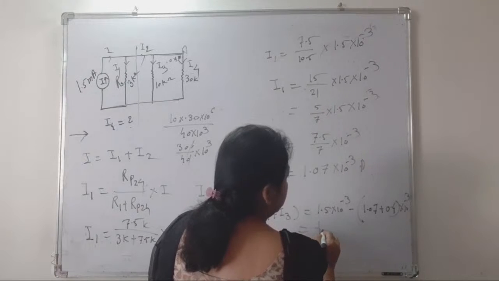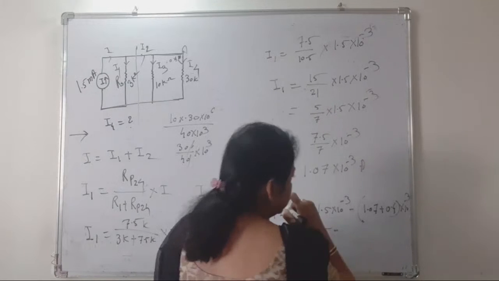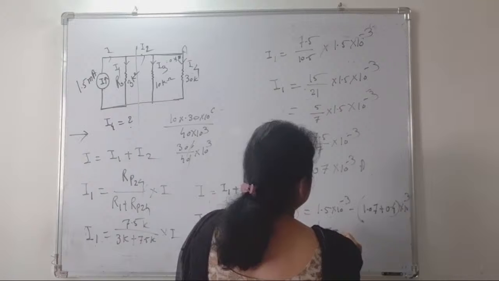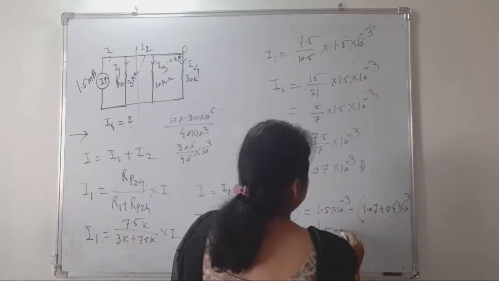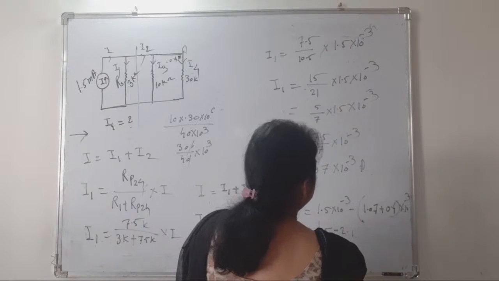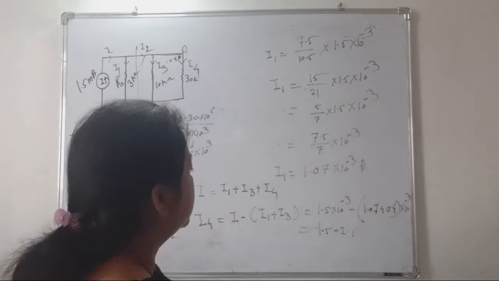Therefore, 1.5 minus 0.4 and 1.07 somewhat.